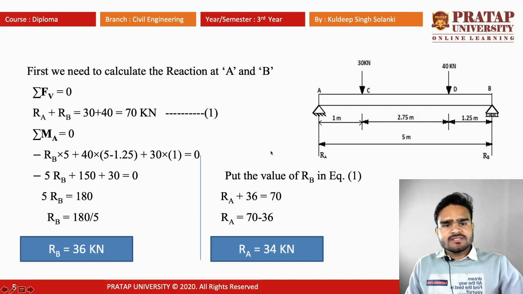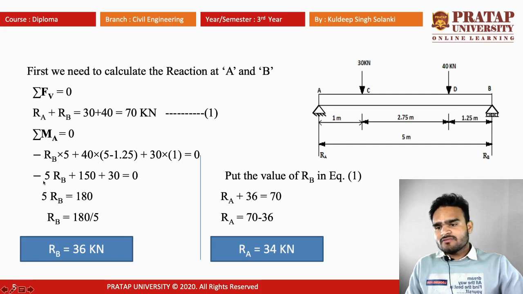Plus 30, this is the downward force acting as a clockwise moment, and the distance from A is 1 meter, equal to 0. Solve this equation: 5 RB, and this term is 150 and this is 30.